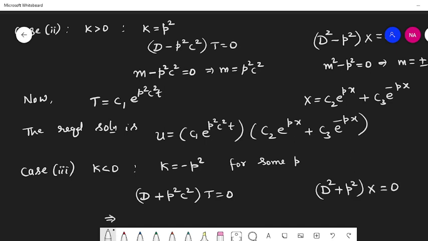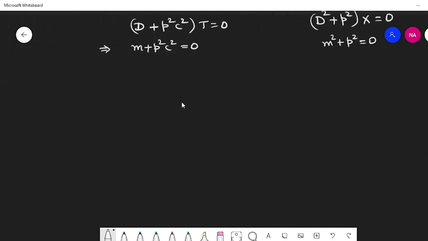So the auxiliary equation will be m plus p square c square equal to 0, and here m square plus p square equal to 0. Solving this, you get m equal to minus p square c square on one side, and here m equal to plus or minus ip.